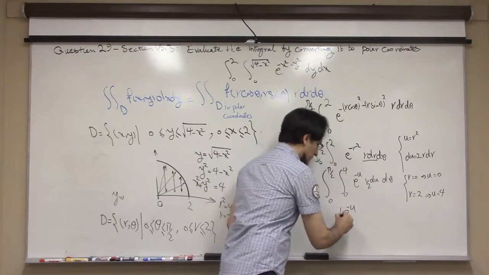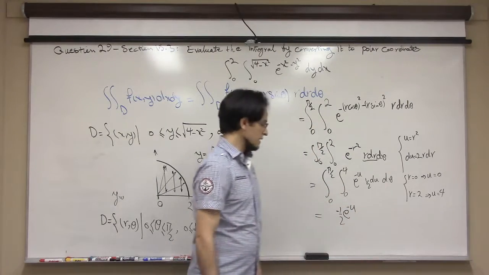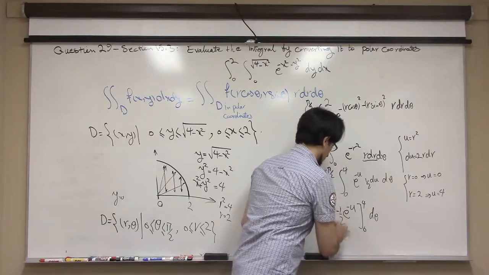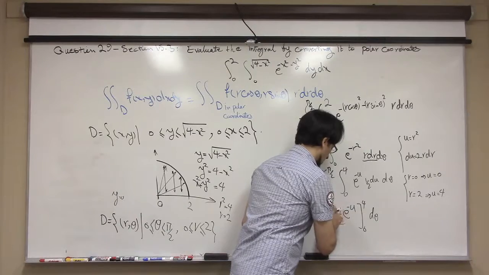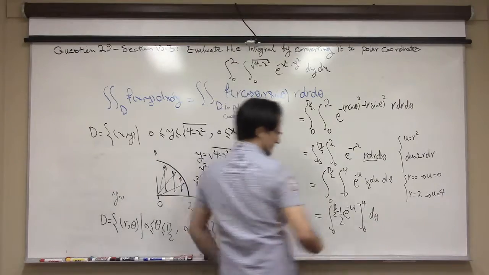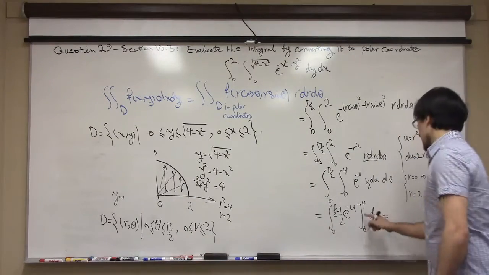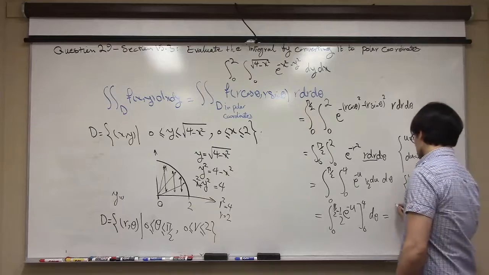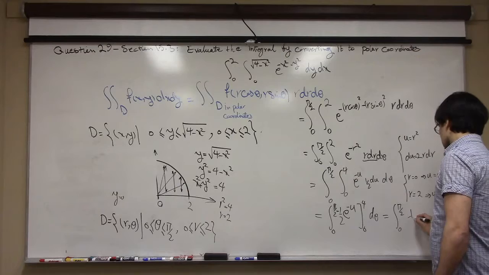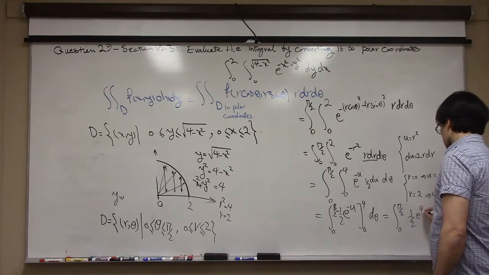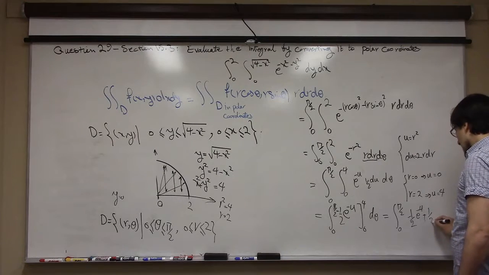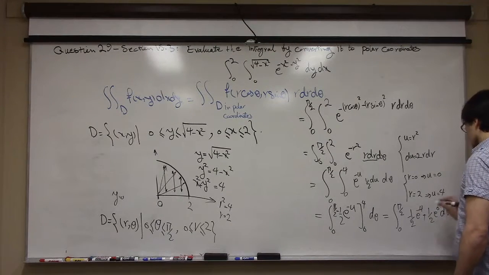I have a half there, so I put this guy there. Then going from 0 to 4, theta from 0 to pi over 2. And then evaluate this thing at 4 and 0. So this is 0 to pi over 2, negative half e to the negative 4 minus my negative half e to the 0, d theta.